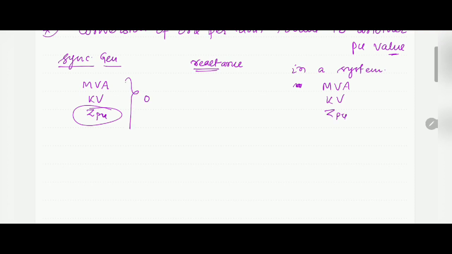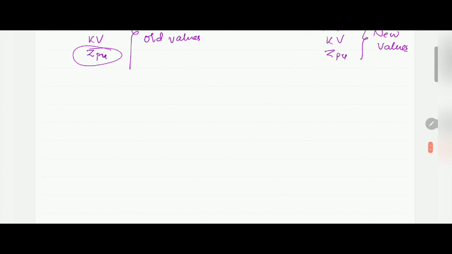So these are the old values, and these are the new values. So we want to calculate here the value of new per unit impedance in terms of old values.